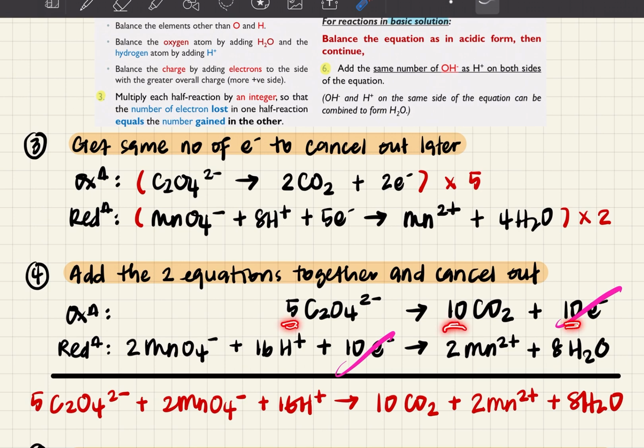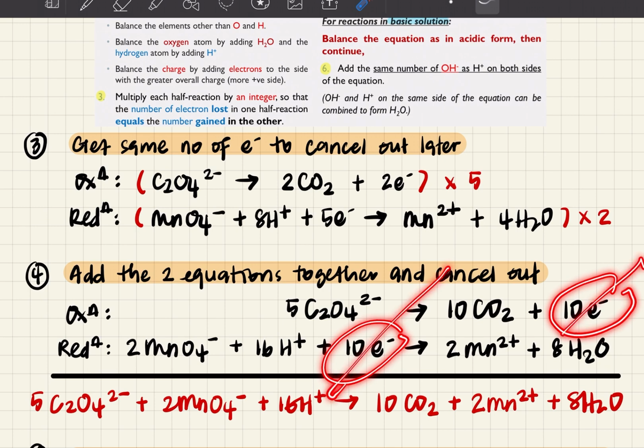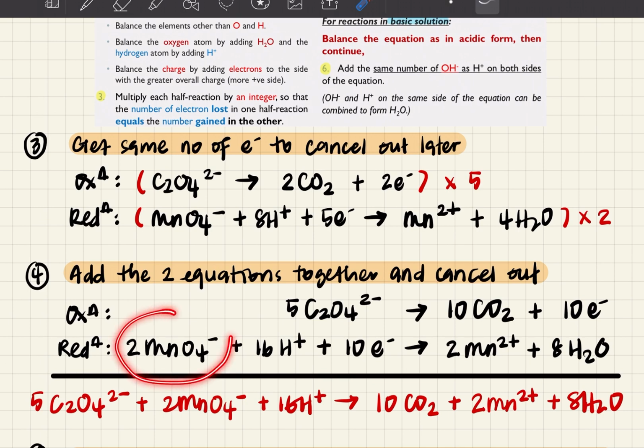Kita dapat 10 electrons. Okay, what I did was, I cancelled out. Okay, dah dapat 10 electrons ni, I will cancel them out. Okay, since they are on opposite sides. Okay, ini on the right, ini on the left, so bolehlah cancel out je. Okay, so when I add all these together, I will just bring this down.